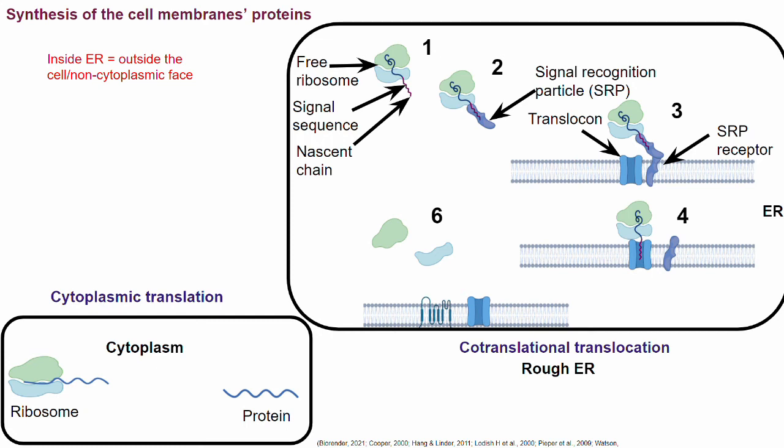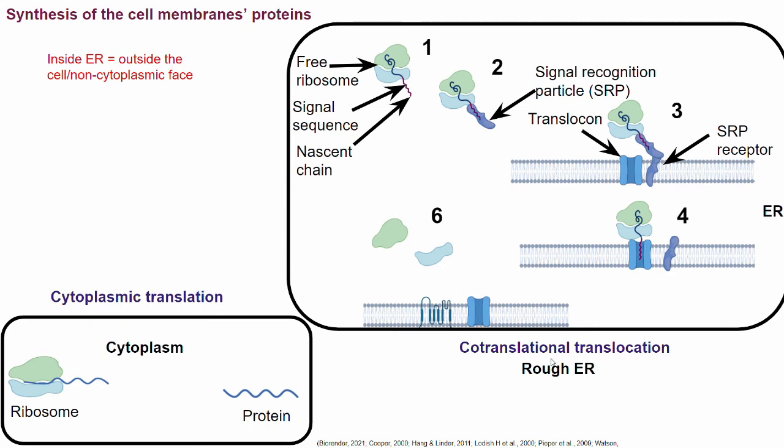Now, there are two different types of translation. Translation, as I said, starts in the cytoplasm. It can finish completely in the cytoplasm, in which case it's referred to as cytoplasmic translation. So it starts here and ends completely in the cytoplasm. Or it can start in the cytoplasm, then pause and continue in the rough endoplasmic reticulum. In this case, it's referred to as co-translational translocation.